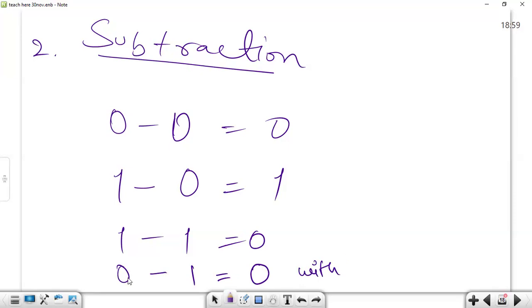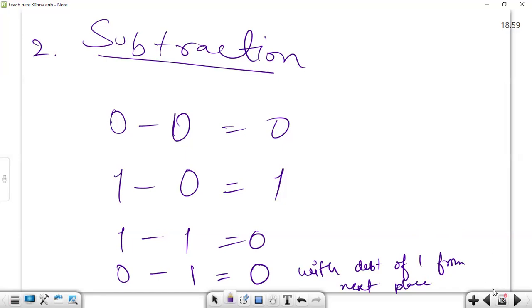Because what is actually happening is 0 is becoming 1 after borrowing 1 from the next place, with a debt of 1 from the next place. So this is the concept. Any doubts? No doubts, sir.